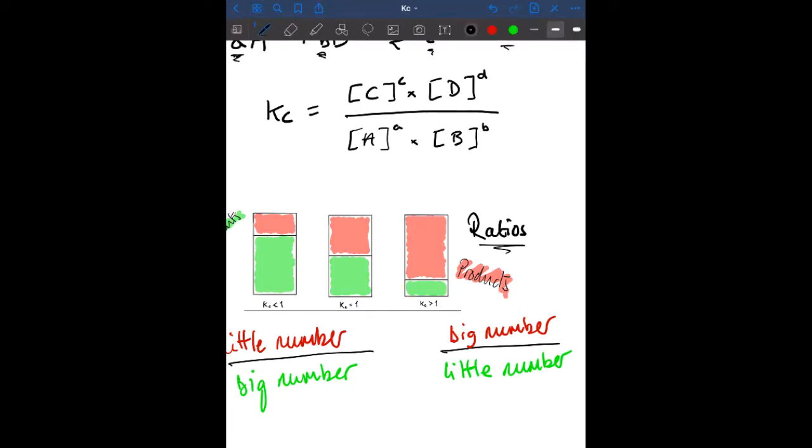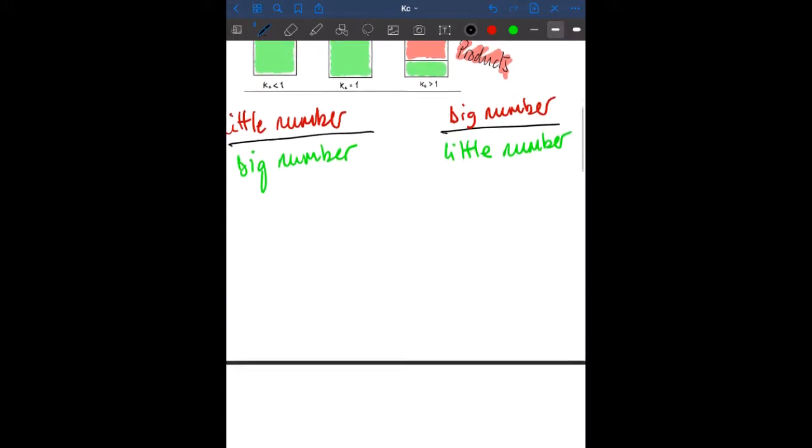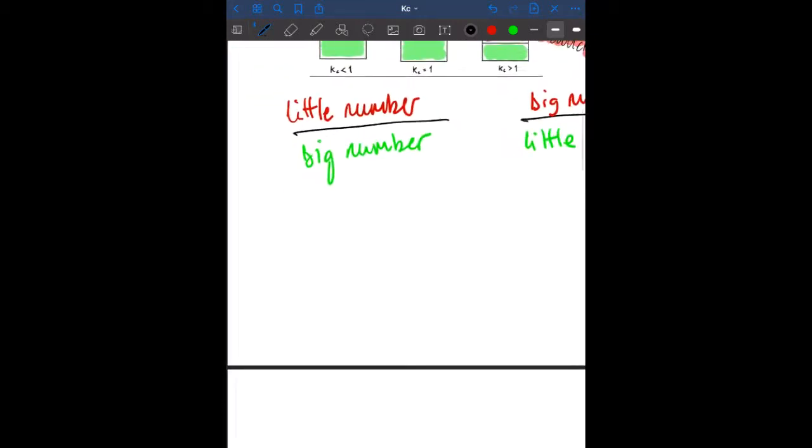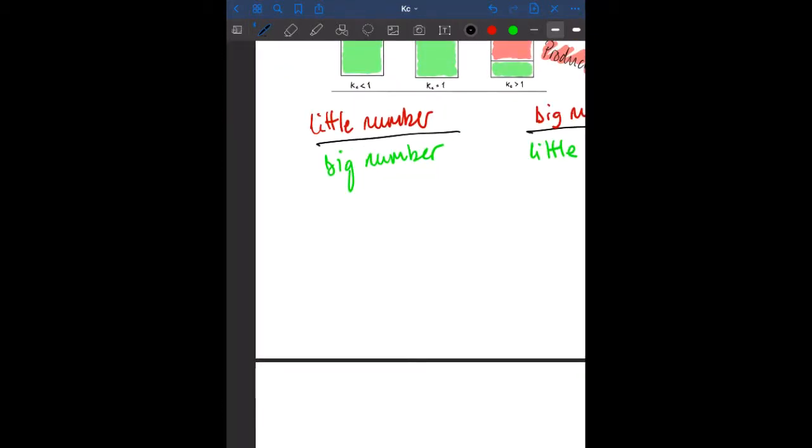So let's put this into a bit of practice then. We've got some space here. So let's take a reaction. W plus X, which is in equilibrium with 3Y.